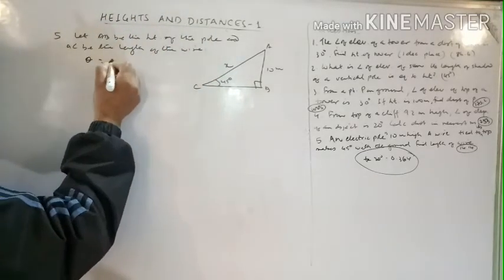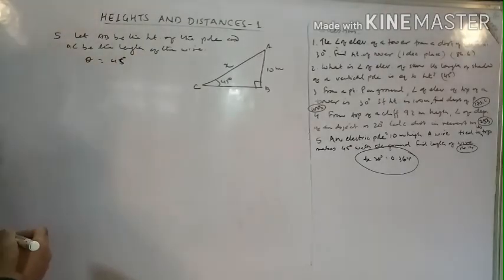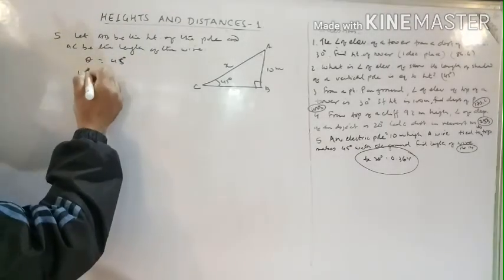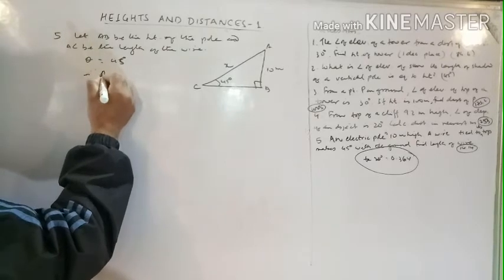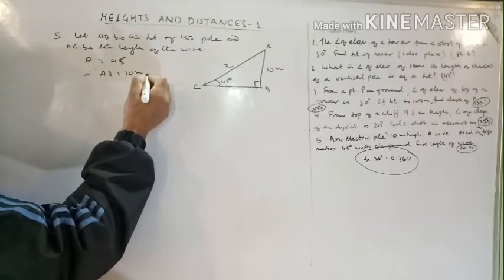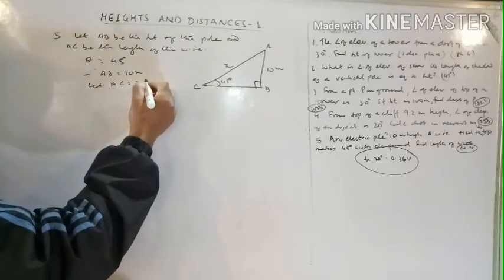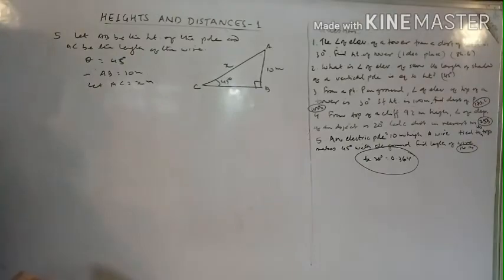Theta equal to 45 degrees here. Therefore we have AB equal to 10 meter, given. Let AC equal to x meter. Let the length of the wire be x meter.